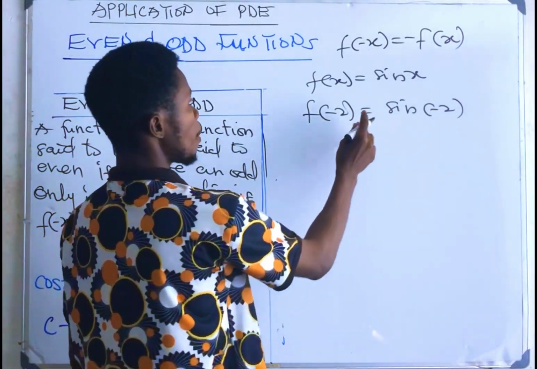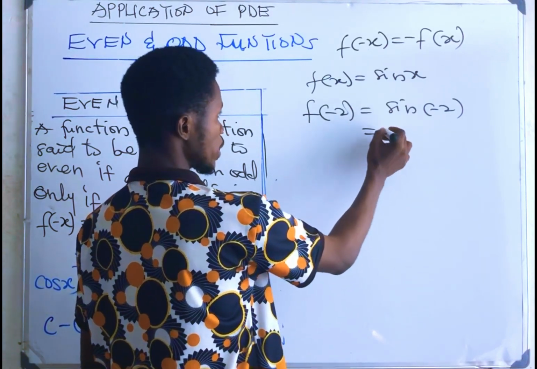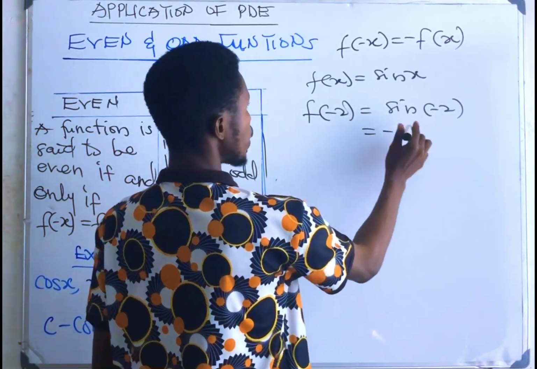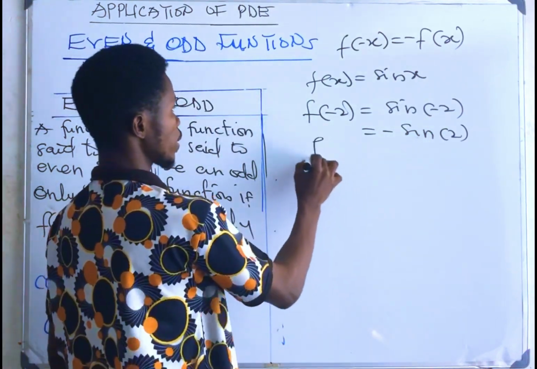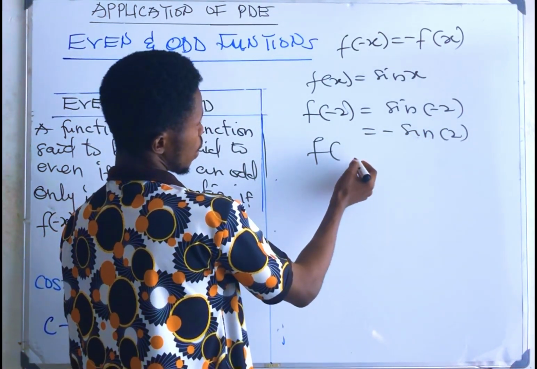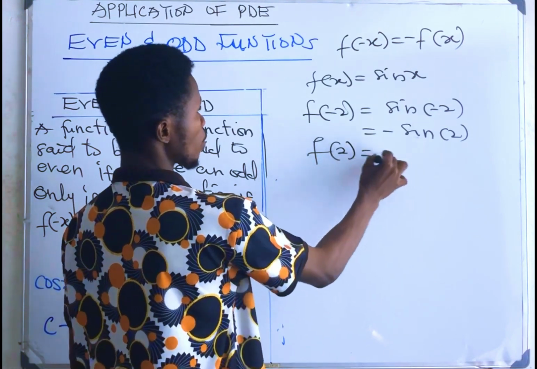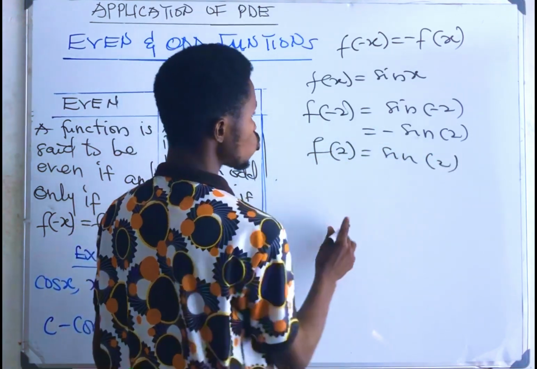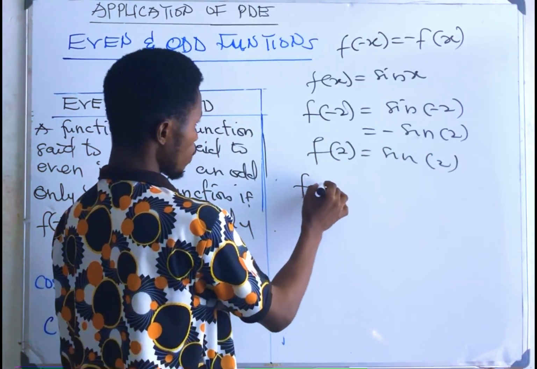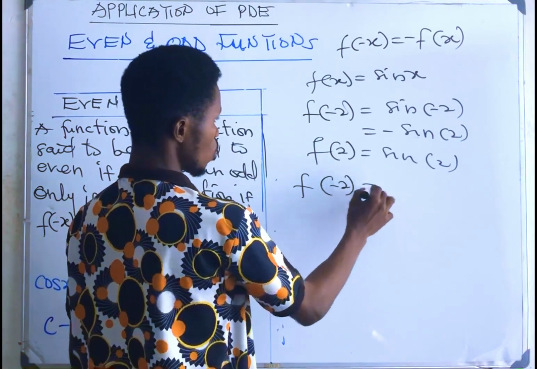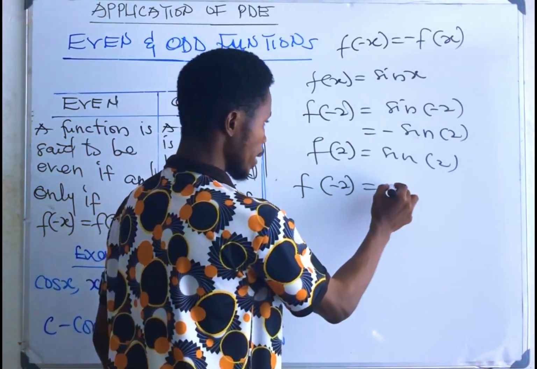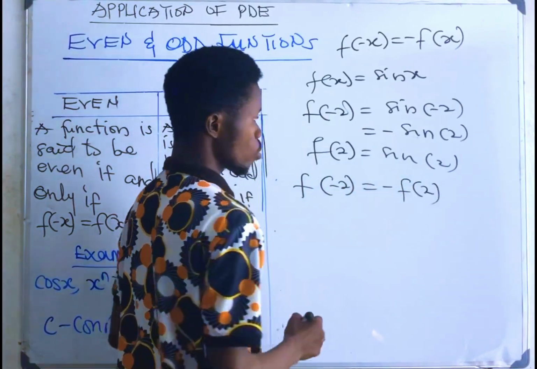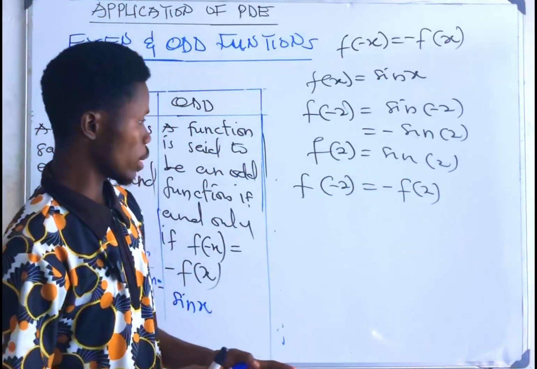Good. But if you remember your trick very well, this is the same as negative sine of 2. Is that okay? If I take f at positive 2, I'm going to have sine of 2. What it means is that f at negative 2 is going to be negative f at what? 2.